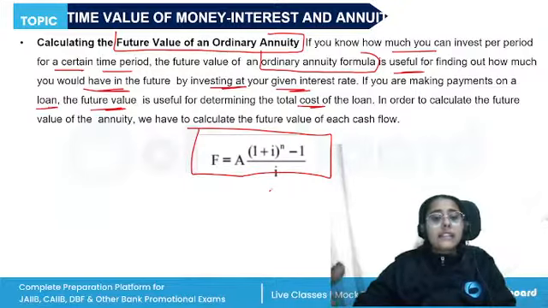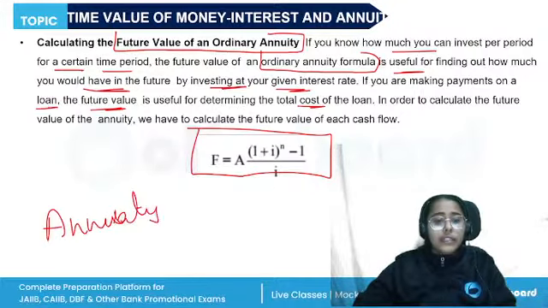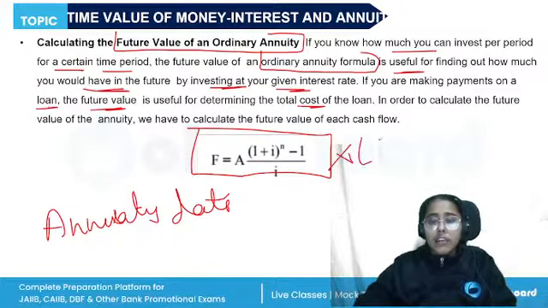And similarly, we can also calculate the future value of annuity due. In this formula, which is given for the ordinary annuity, we will simply multiply it by 1 plus r. So this will give us the calculation of future value of an annuity due.